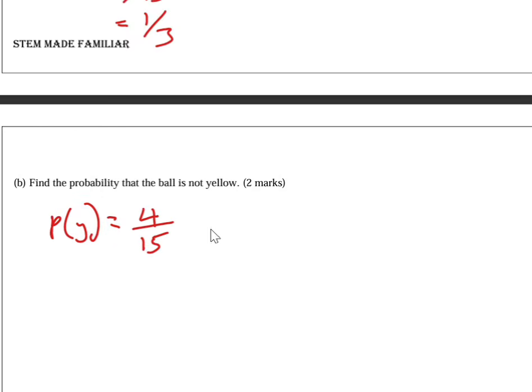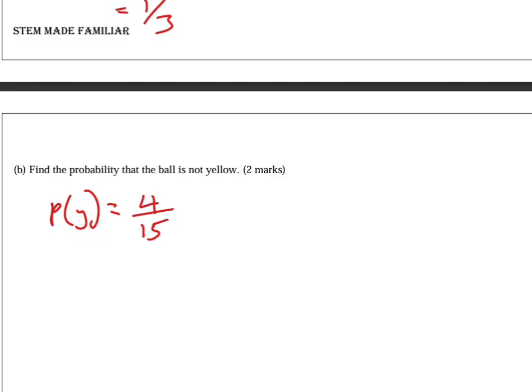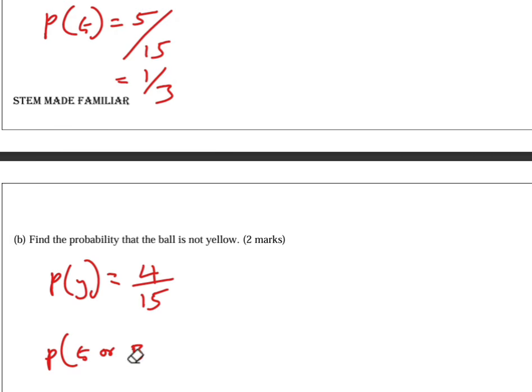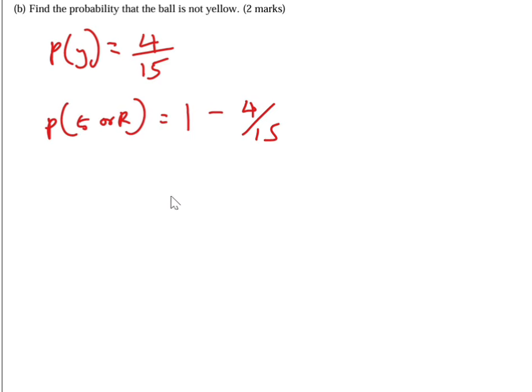So not yellow inamaanisha it can be, tumesema, red or green. And we know that probability ukiadd zote is equals to 1. So ukitaka kupata hiyo nyingine not yellow, probability of picking green or red, itakuwa ni 1 minus 4 over 15, because we know that probability ukiongeza all the numbers, the sum is equals to 1.